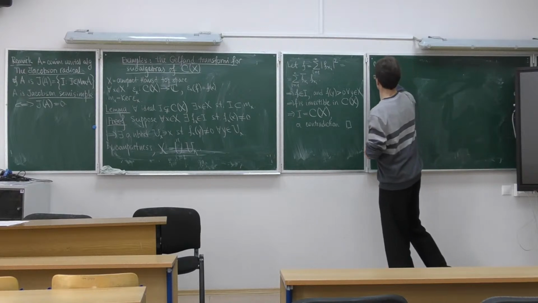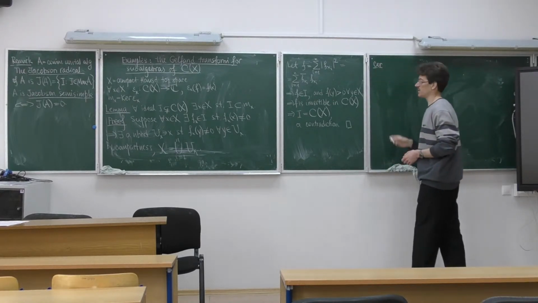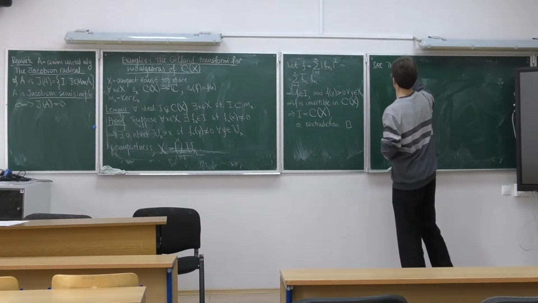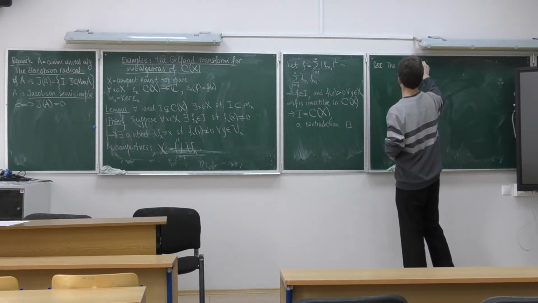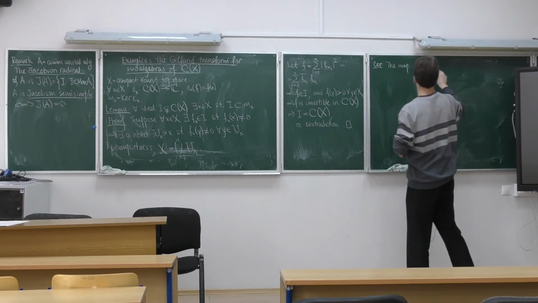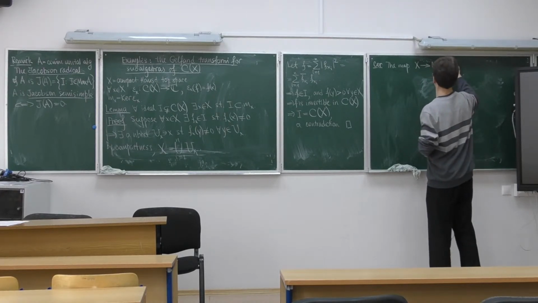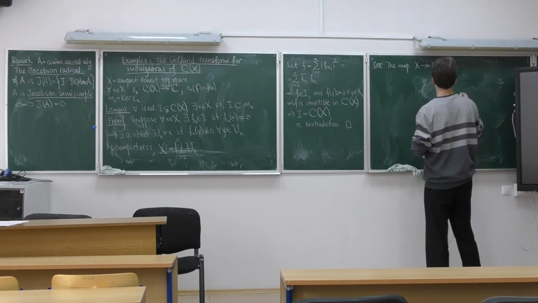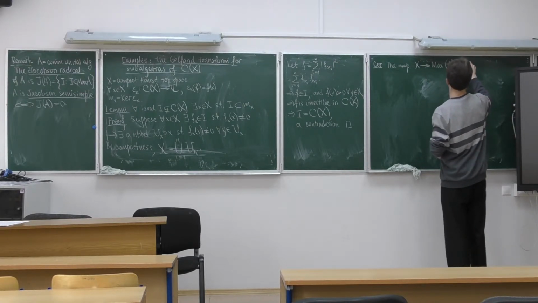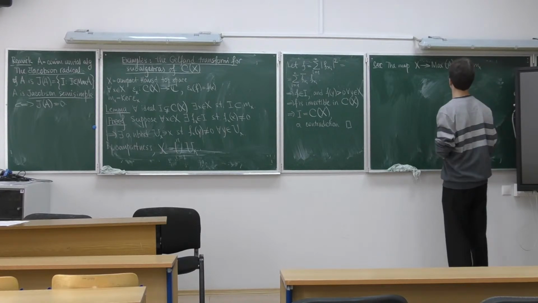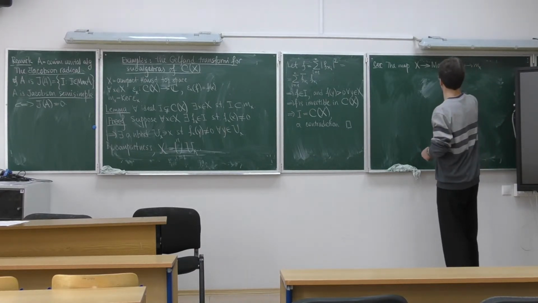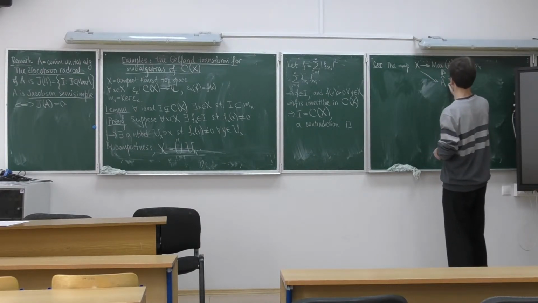As a corollary, we see that the map from X to the maximal spectrum of A, which takes x to M_x, or equally we can look at this map as a map from X to A hat, which takes x to epsilon_x.